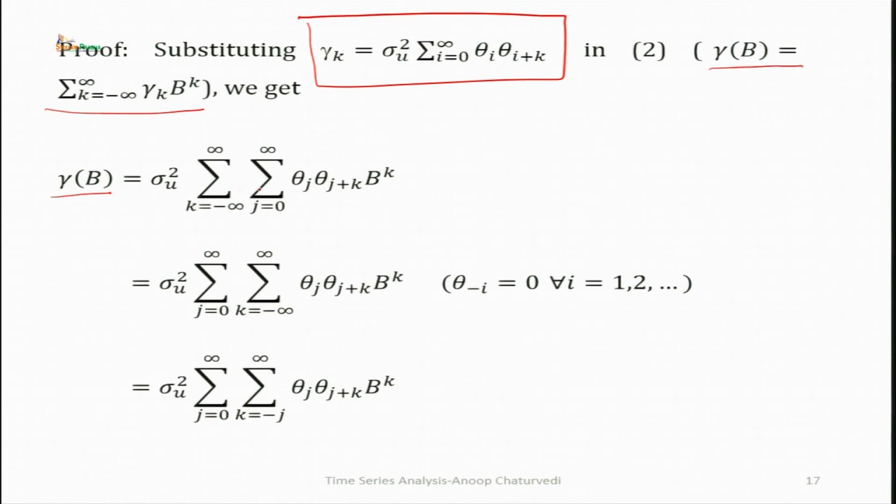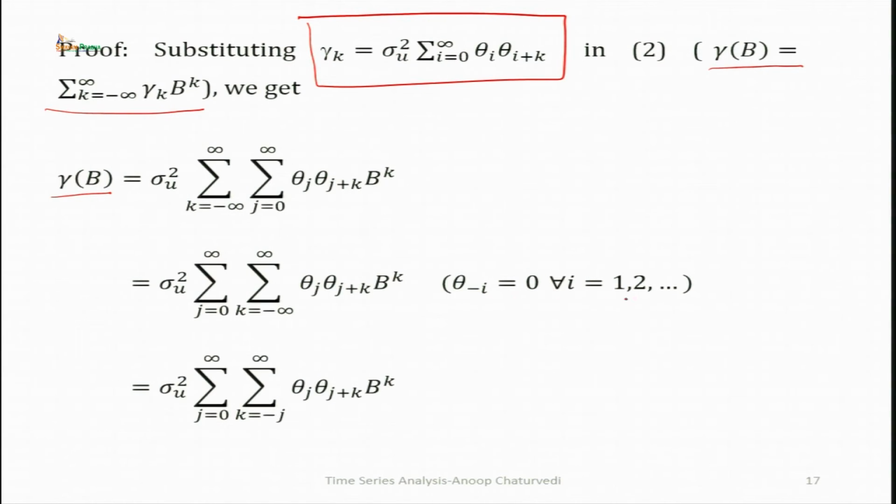Then we interchange the summation signs. We take summation from j equal to 0 to infinity first, k equal to minus infinity to plus infinity, theta_j theta_{j+k} B to the power k. While doing so, we have assumed that theta_{-i} is equal to 0 for all i equal to 1 and so on, because in this summation you will find many terms involving thetas with the negative index, terms involving theta minus i's.